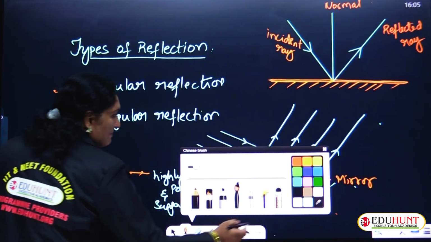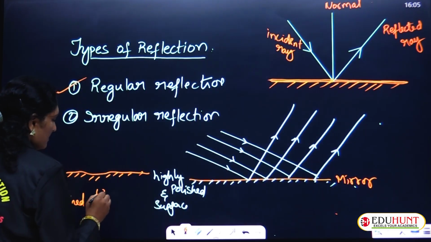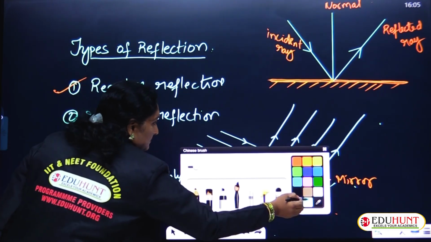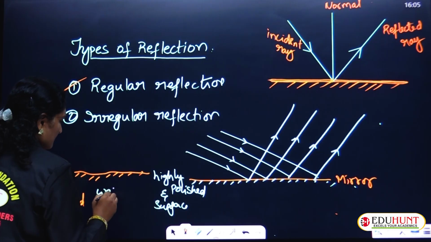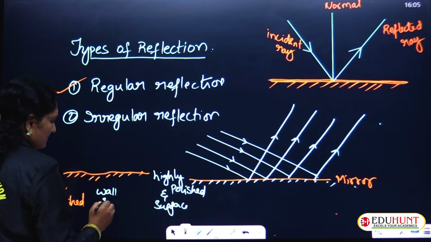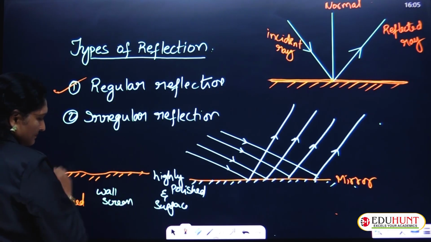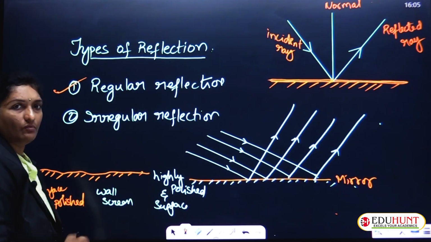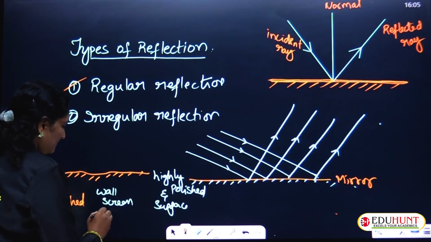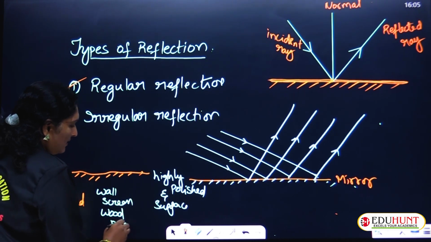Examples for this are a wall, a movie screen, wood, a piece of paper or cardboard.